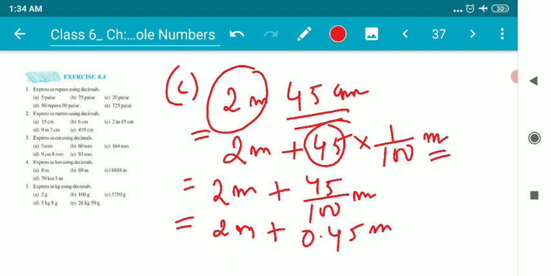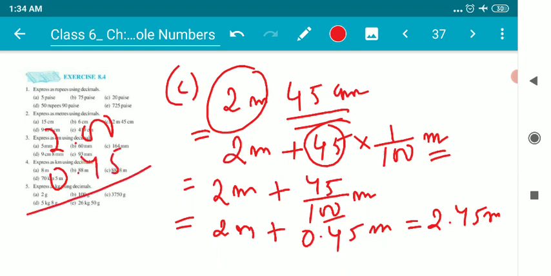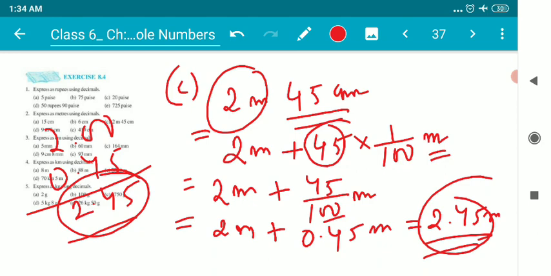The question is where this 0.45 is coming from. As there are 2 zeros in the denominator, the point will come 2 digits before in the numerator, so it will be 0.45. Now if you add them up, it will be 2.45 meter, because it is 2.00 plus 0.45. Let us add them: 5, 4, and this is 2. So 2.45 meter. This is how we deal with this kind of numbers. I hope it's clear to everybody.